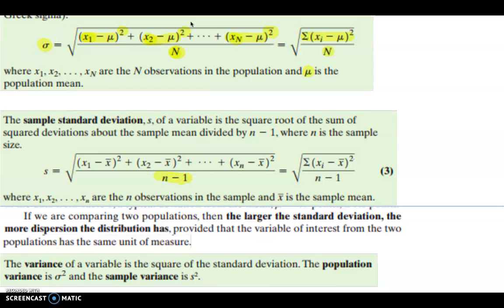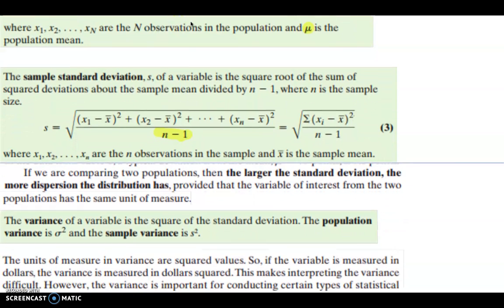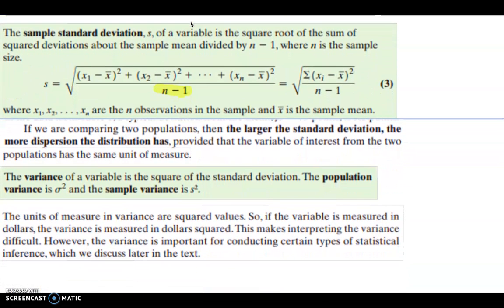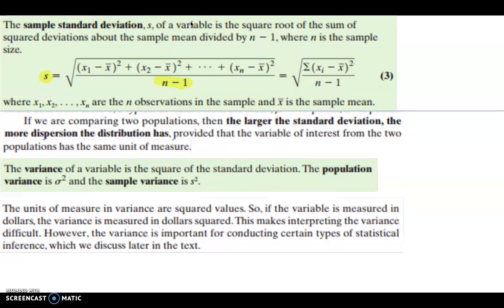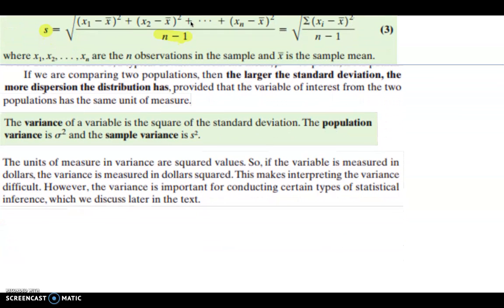It's just a small adjustment, and we're not going to go into the reason behind that, but just know that the only difference is you divide by n minus 1, and the sample standard deviation is s.